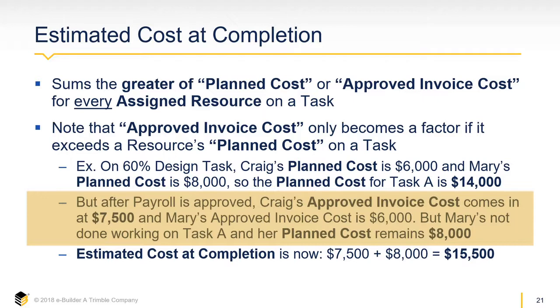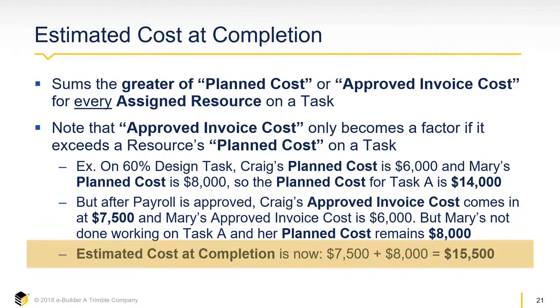However, Mary's approved invoice cost is $6,000, but she still has more work to do, so she still will hit her $8,000 planned cost. But when we go to look at the estimated cost at completion, it's gone up because the approved invoice cost for Craig came in higher than his plan, so we have to use that. So we have to use the $7,500 for Craig and maintain Mary's planned cost of $8,000, adding up to $15,500 in a new estimated cost at completion compared to the plan of $14,000.